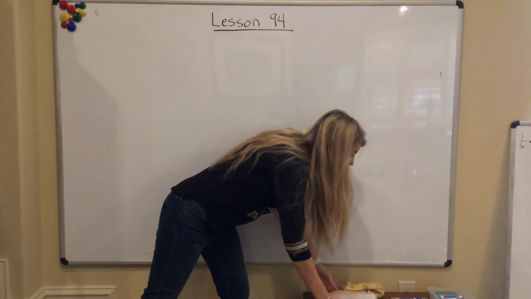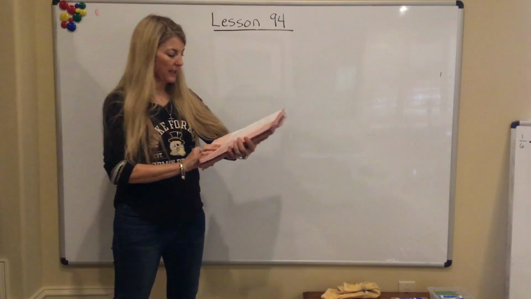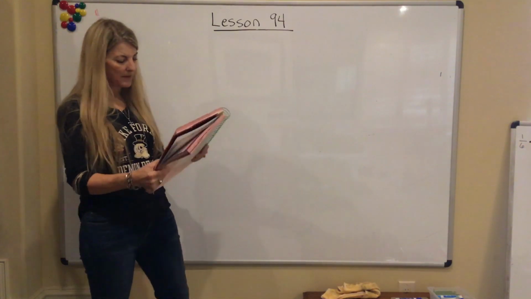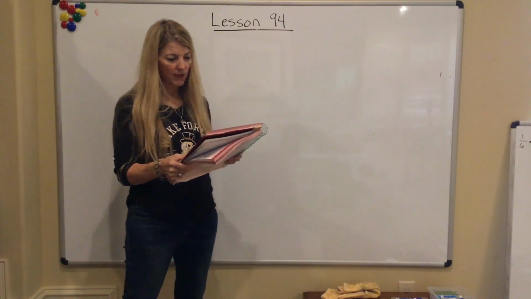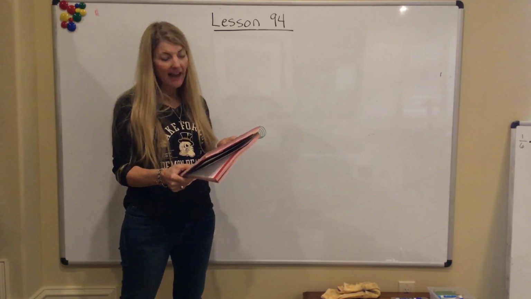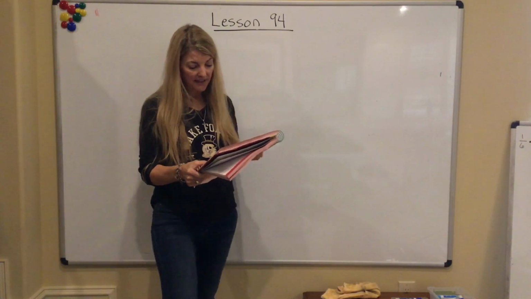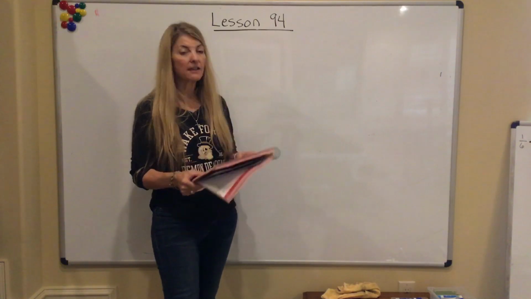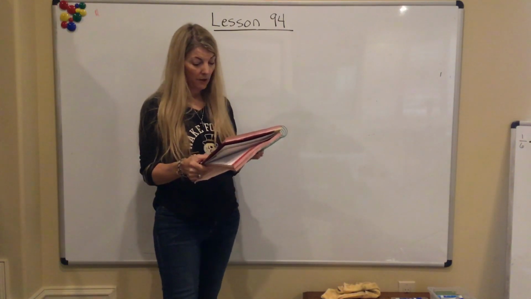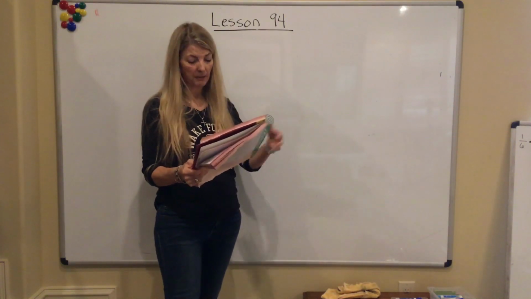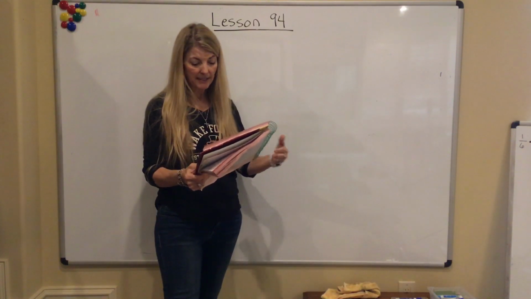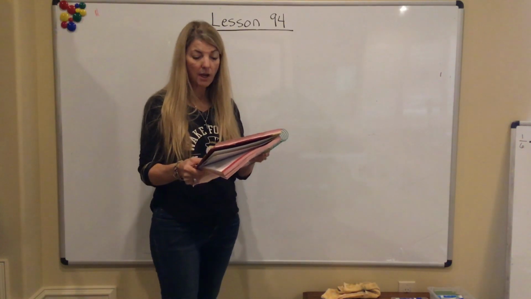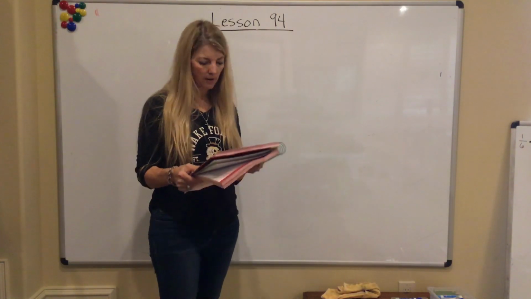Now, the last thing that's discussed in your book is the probability of dependent events, okay? And at the bottom of page 643, the book says when the outcome of one event affects the probability of a subsequent event, the events are dependent. For instance, if a card is drawn from a deck and not replaced, then the probabilities of the draws of any remaining cards are affected by the first draw.